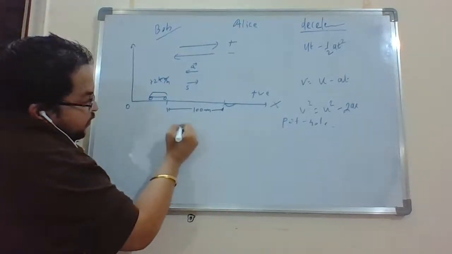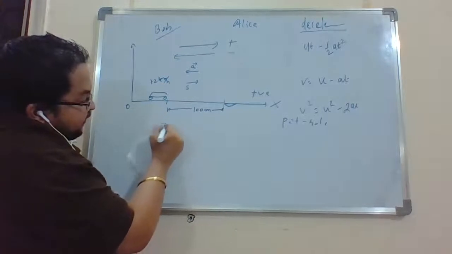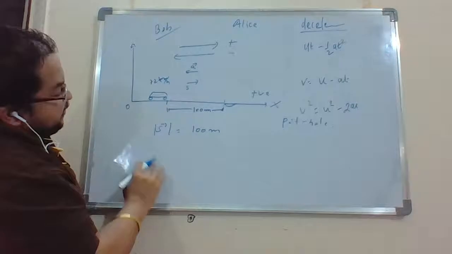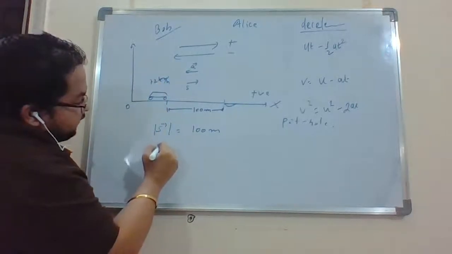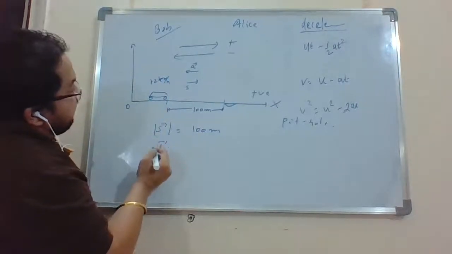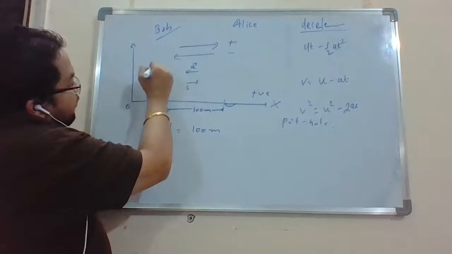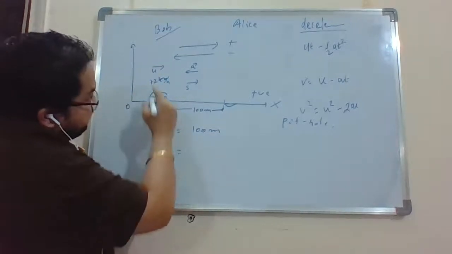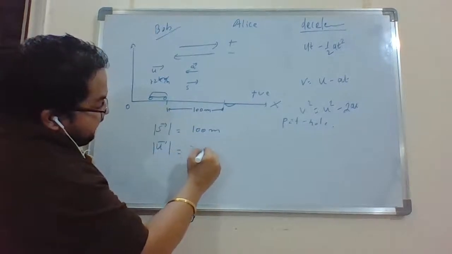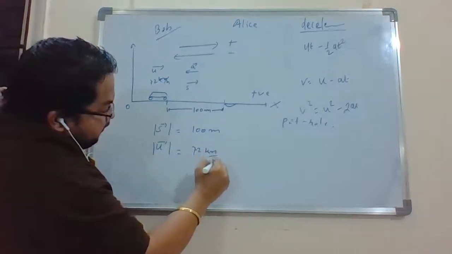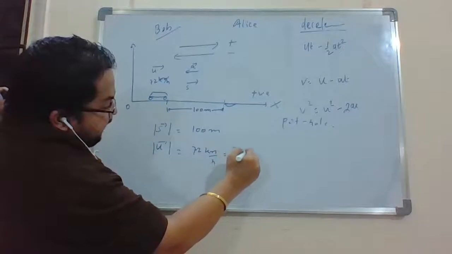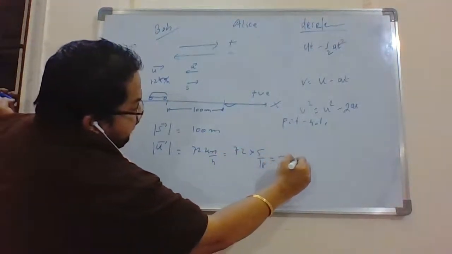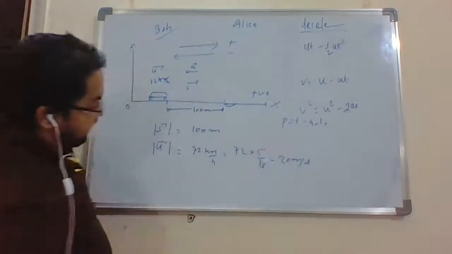Okay, so let us go by our equation. Here S is given as 100 meter. His initial velocity was also along this direction, with magnitude 72 kilometer per hour; multiplying by 5 over 18, that is 20 meter per second.